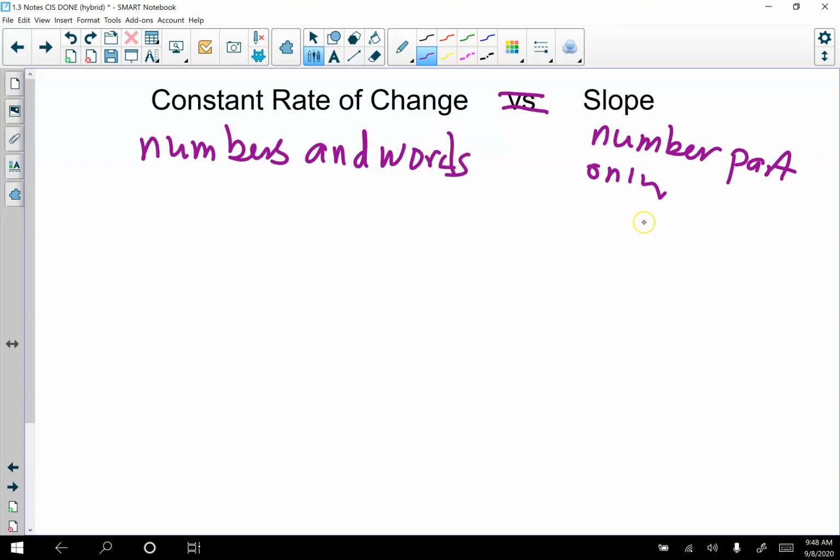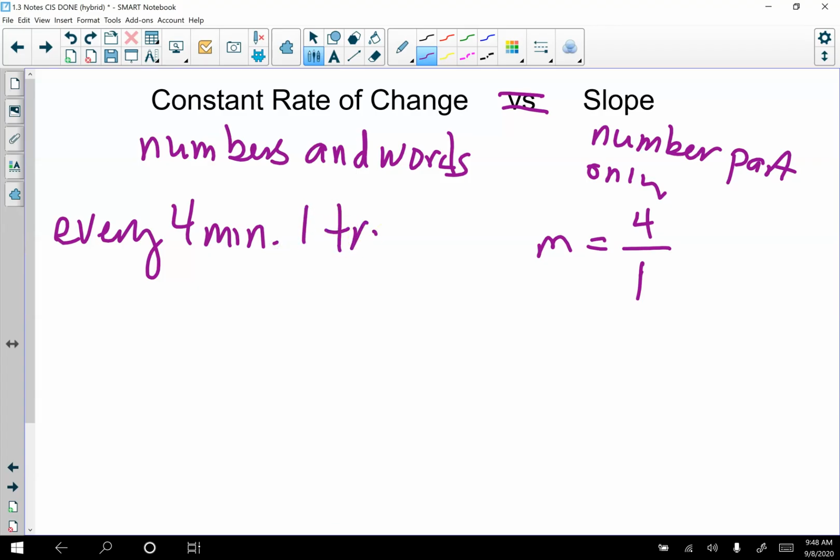So if I had 4/1 as my slope, it could mean that for every 4 minutes, I traveled 1 mile.